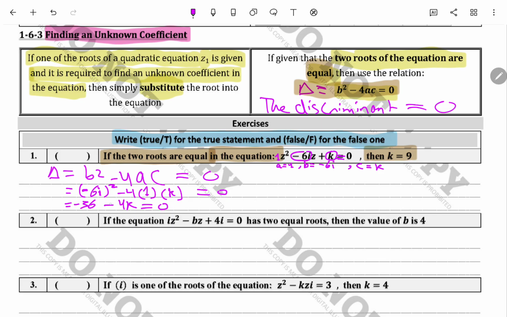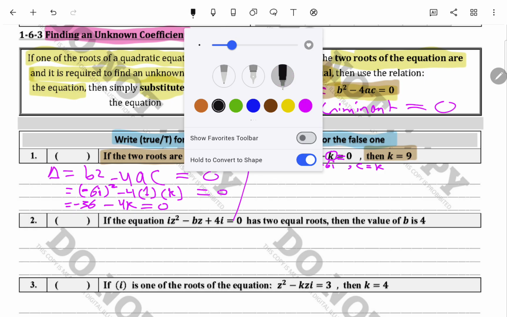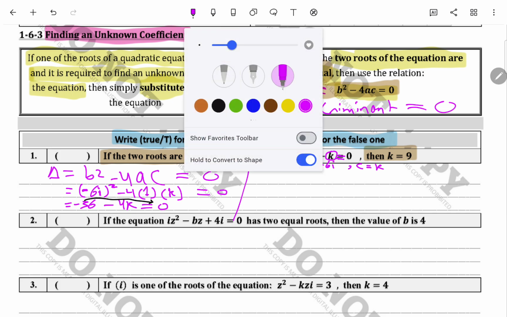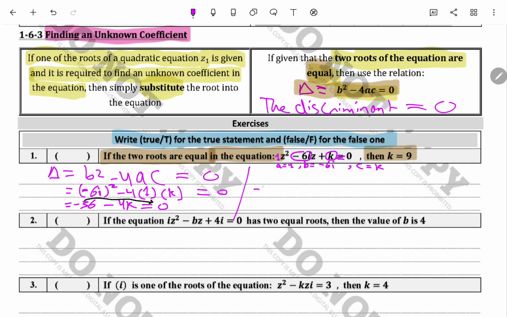I can move negative 4k to the other side, or you can move negative 36 if you like. If you move it, you change the sign, and you get negative 4k equals 36.